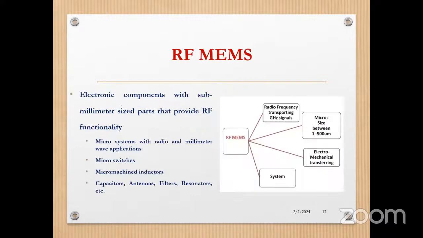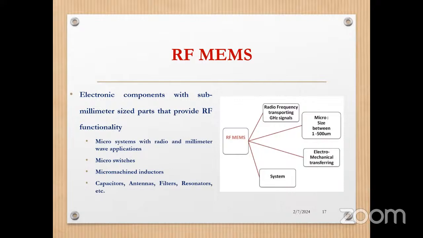So now coming to RF MEMS. Here we need all this MEMS technology to be implemented for use in radio frequency components. For devices that have to be used at radio frequencies, the size will automatically get reduced, because we have seen that the radio frequency range goes up to 300 gigahertz.